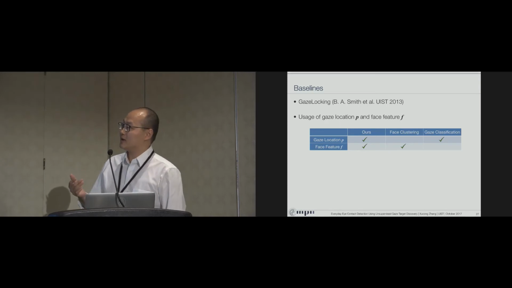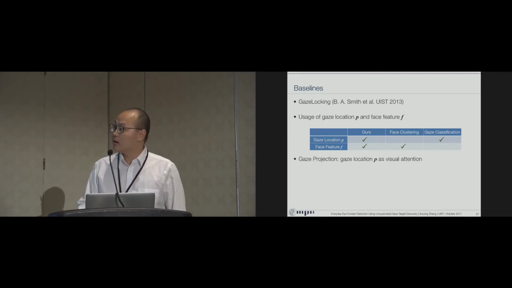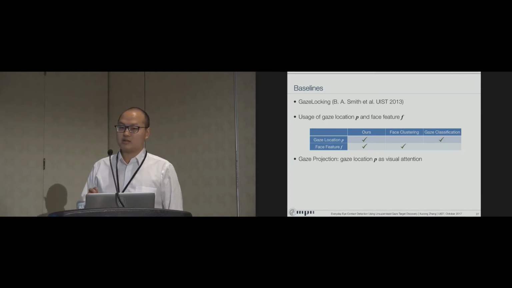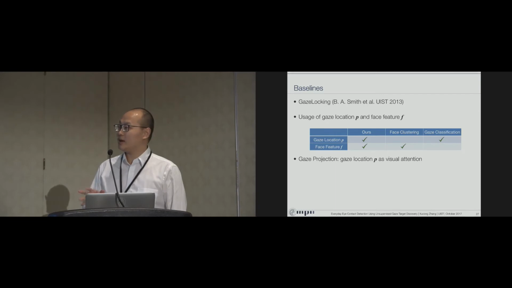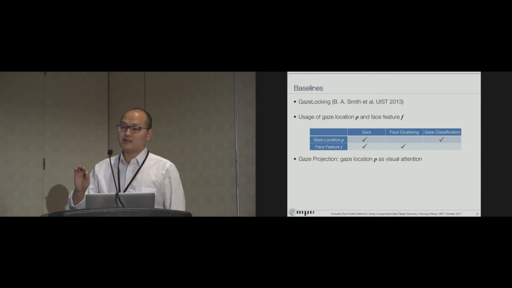For the second baseline, called gaze classification, we use the gaze location for both clustering and detector training. The next baseline is called gaze projection, which directly uses the gaze location P as the visual attention, so it judges whether this gaze location P is inside the target object or not.